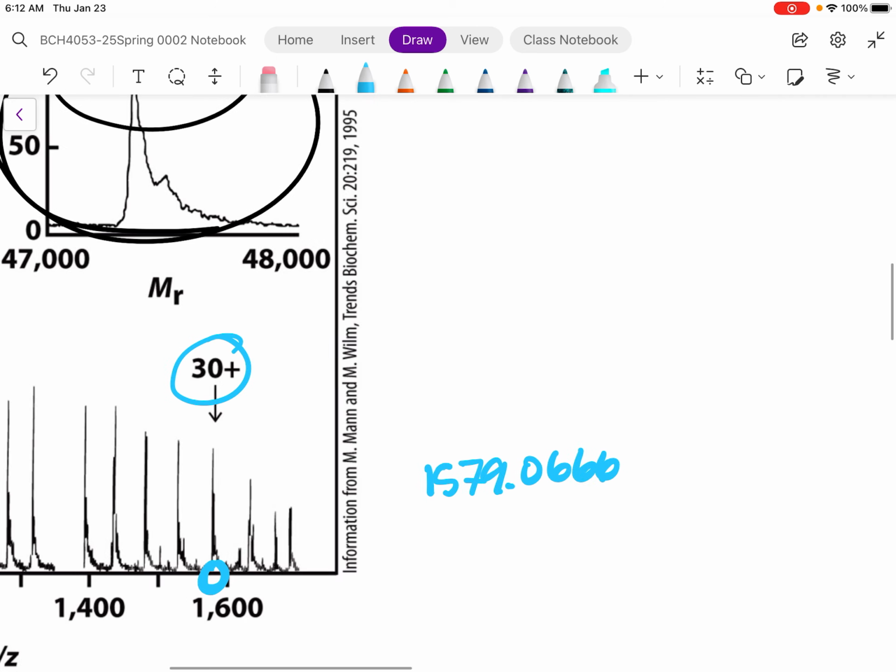Why can I not just multiply it by 30 to get the total mass of the protein? Yeah, just because different proteins might be, if you multiply that by 30, you're getting essentially different proteins. Not quite, no, but good thought.